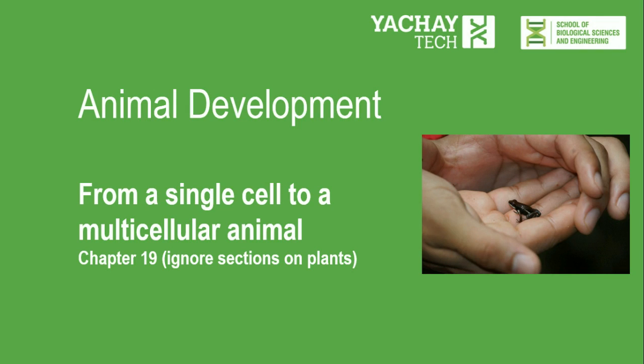Most of the material that I'm talking about you find in chapter 19. Chapter 19 has subsections on animals and subsections on plants. So whenever you read plant, just skip it. I want you to read the animal part.